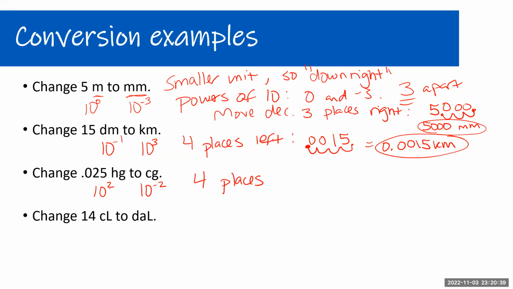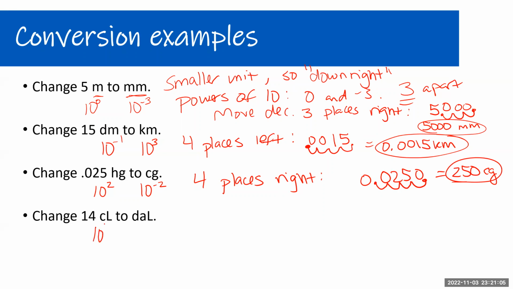And since we're going from a bigger unit to a smaller unit, we are going to go to the right because it's down right. Okay. So 0.025, 1, 2, 3, 4. That's going to give us 250 centigrams. Okay.